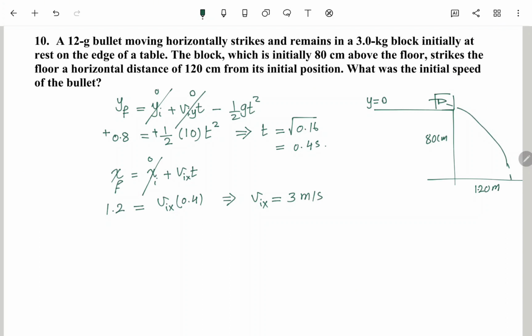Since this is a projectile motion, velocity on x is constant.